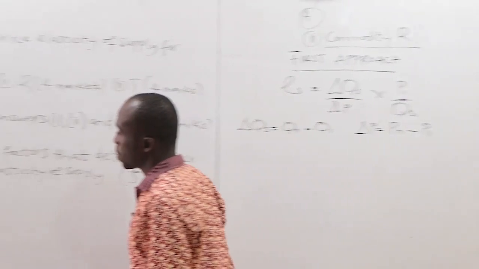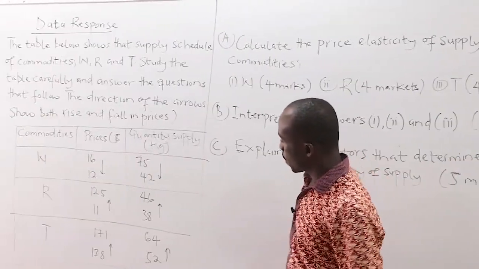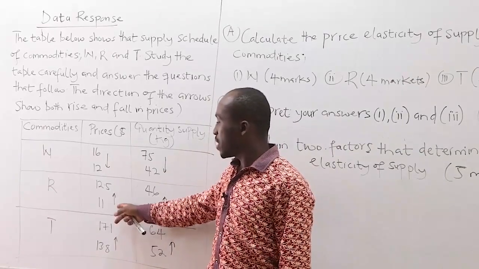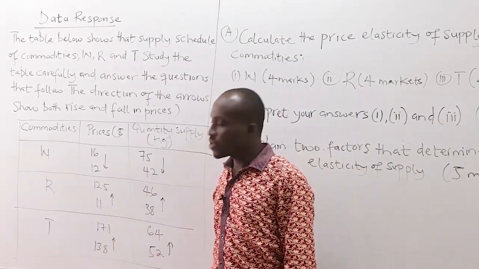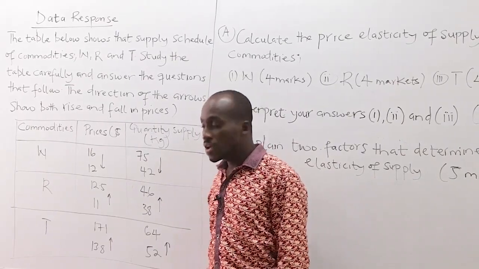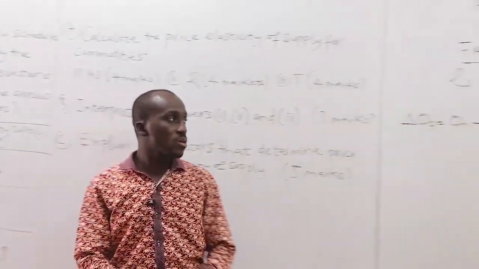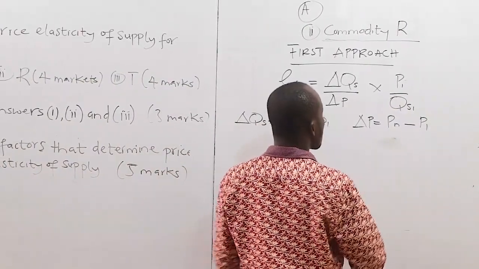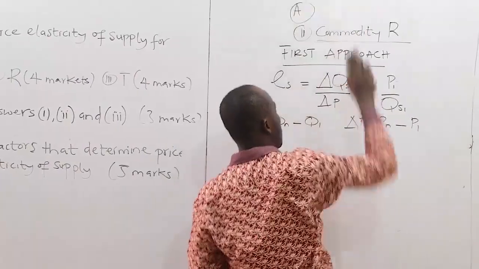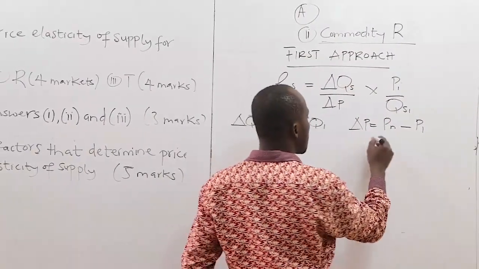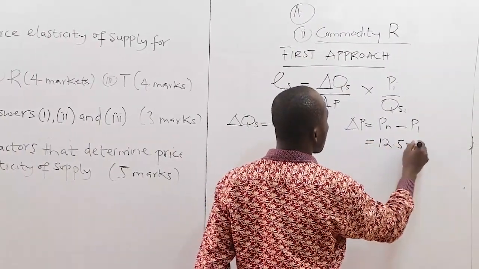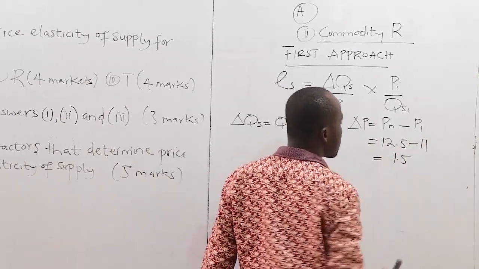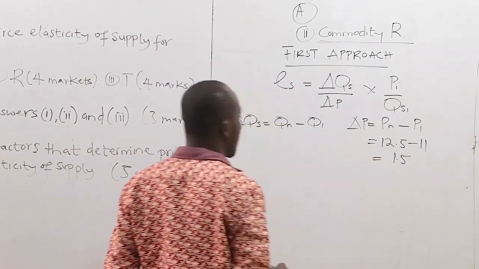So let's go to the question. Let's go to R. Let's start from the price. The price was 11. It moved to 12.5. So the new price is 12.5, the old one is 11. When we subtract, we're going to get 1.5.